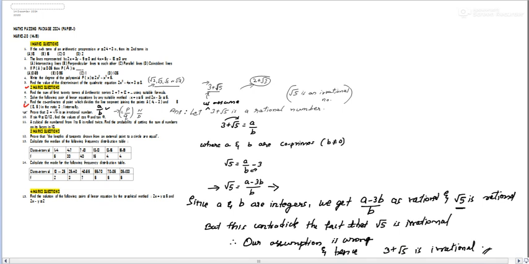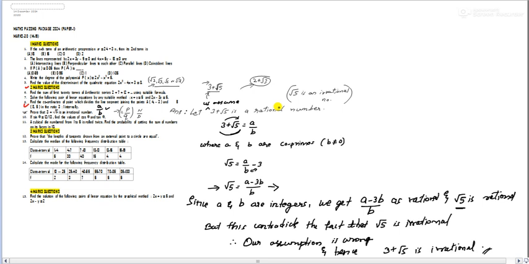If you write this much, you're going to get the full 2 marks. Got it? If you learn these steps by heart, you can easily write any type of question. It can be 3 plus 5 root 5 or 2 plus root 7. You just have to replace these values. A and b will remain as they are. Got it, guys?